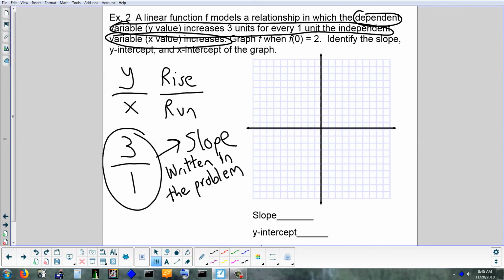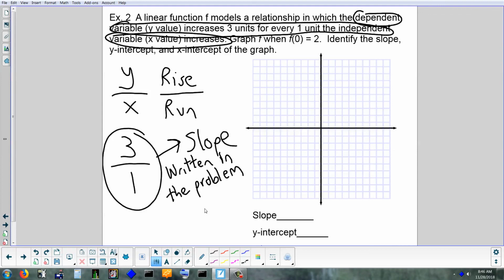Now, it says graph f when f of 0 equals 2. All right? So basically, guys, remember we said last week, before we had the double academic week, f of whatever means what? It could be f of 3, f of -100. That's just a fancy way of saying what? Does anybody remember? Okay, but think about it, right?